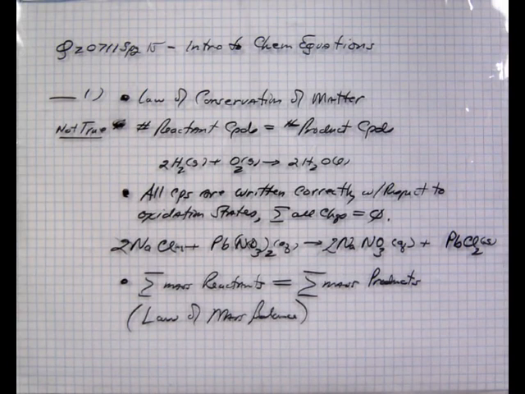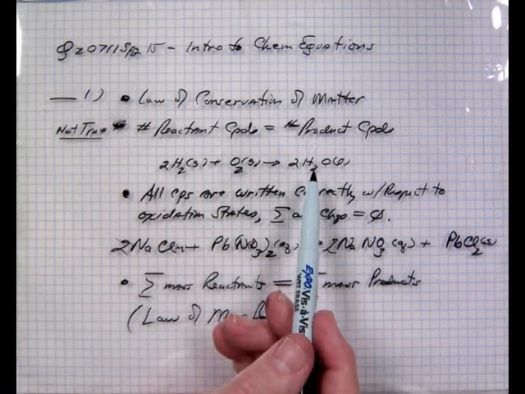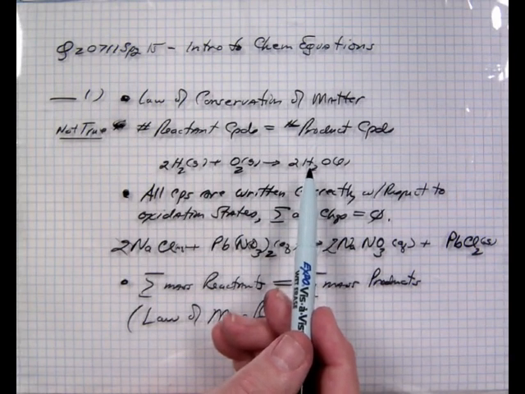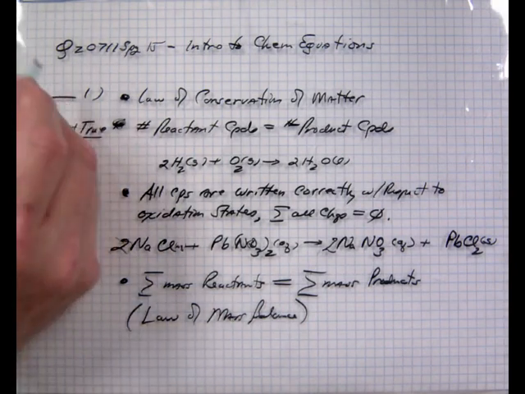It's only changed in form. Okay. Simple example: hydrogen's a gas, oxygen's a gas, and typically water. You can have water vapor as a gas, but we know of water as a liquid for the most part. Okay. All right. This is just a rudimentary issue that you need to be aware of.